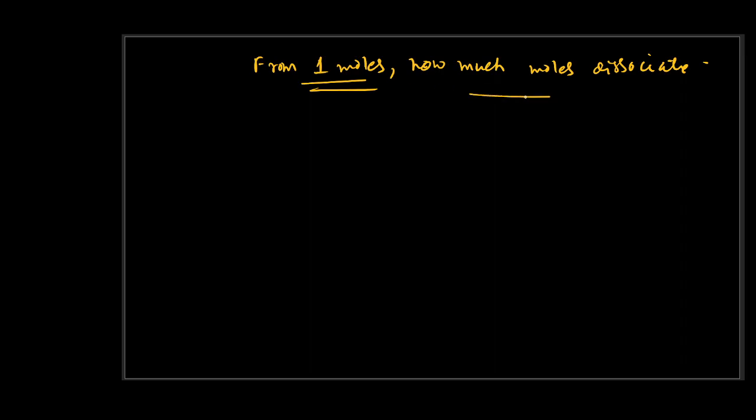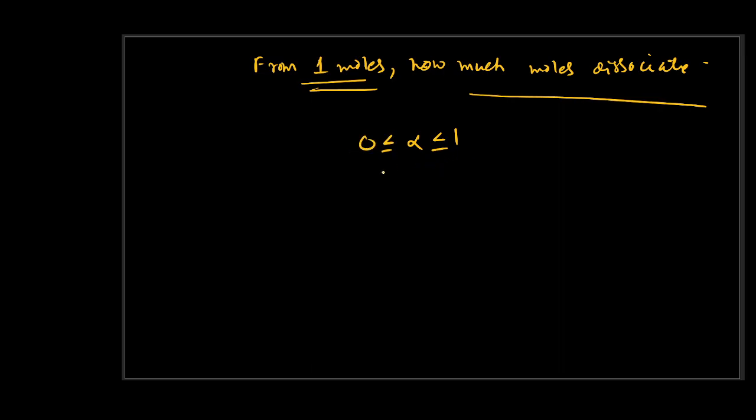So suppose I say, we can write this as: from 1 mole, how much dissociated? So alpha is always less than 1 and greater than or equal to 0.